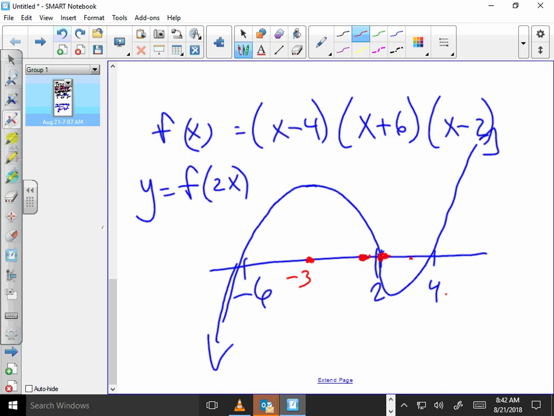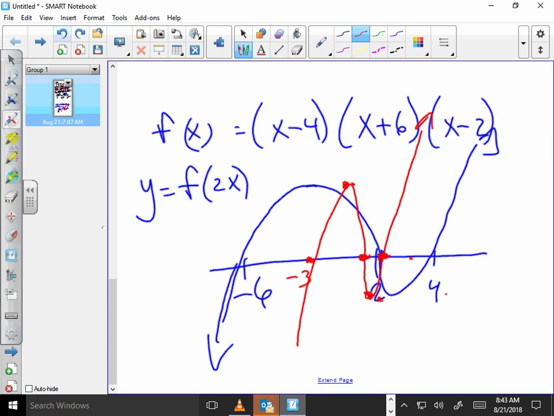So as I go from this point to this point, my high point is still my high point. And as I go from this point to this point, my low point is still my low point. But we can see the graph has definitely been horizontally squished. Any questions about that? Okay. Any other questions?